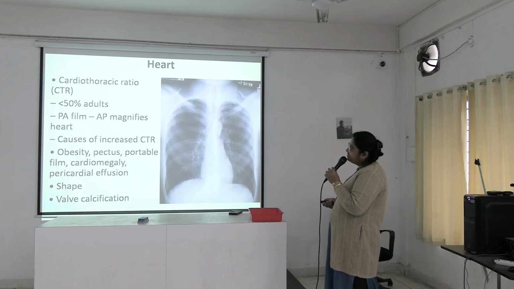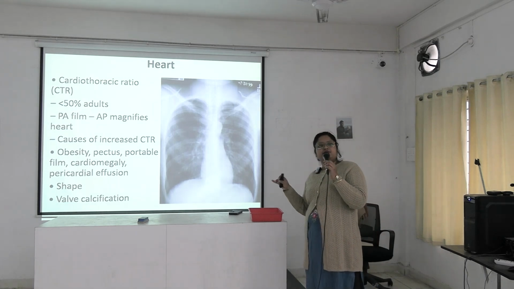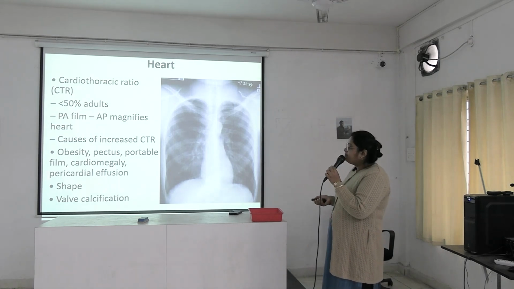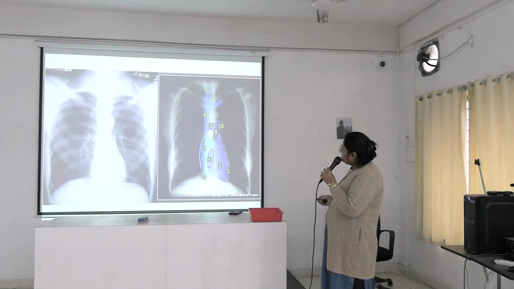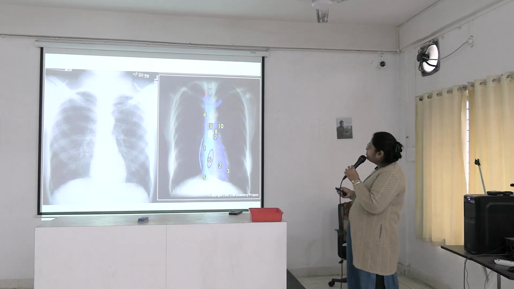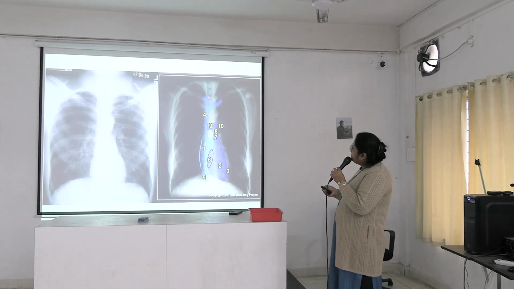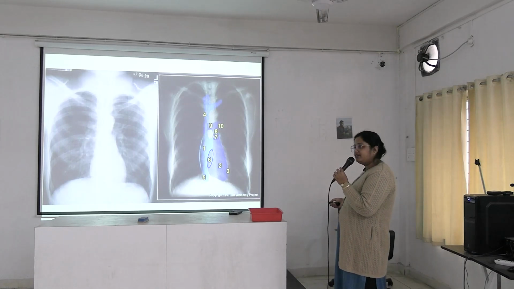You have to note the shape of the heart, and note any valve calcification. A deep white dot will be present in case of valve calcification. This is the venous side structure, and this is the arterial side, the left side. Here is the brachiocephalic vein, then superior vena cava, then right atrium, inferior vena cava.